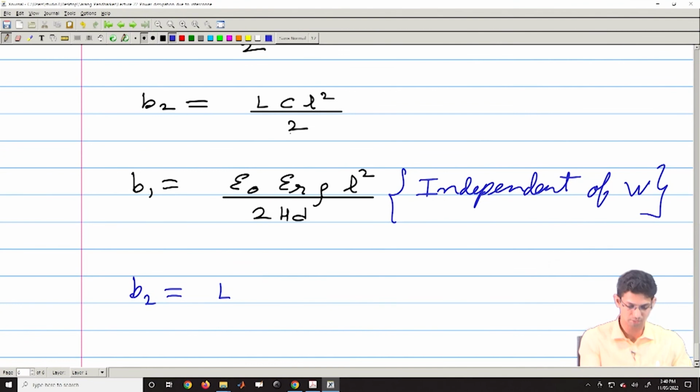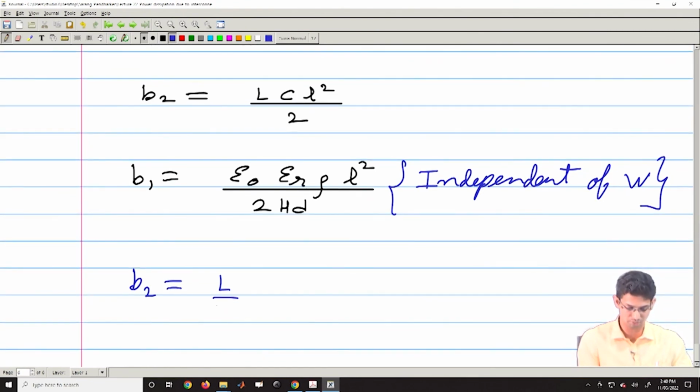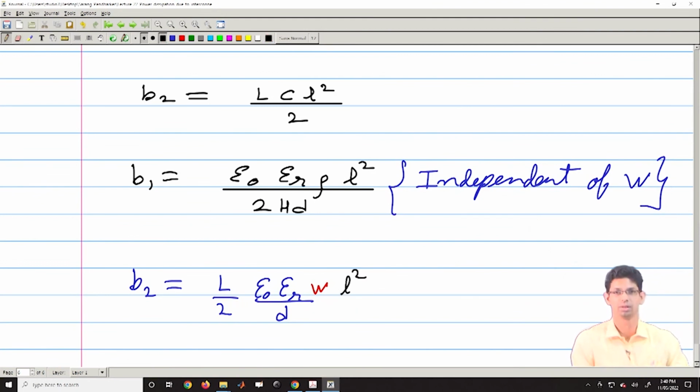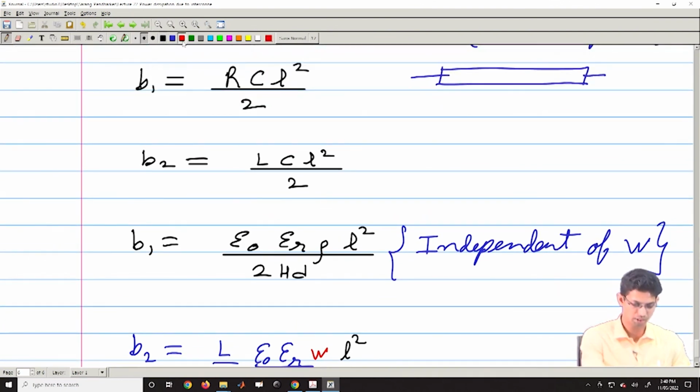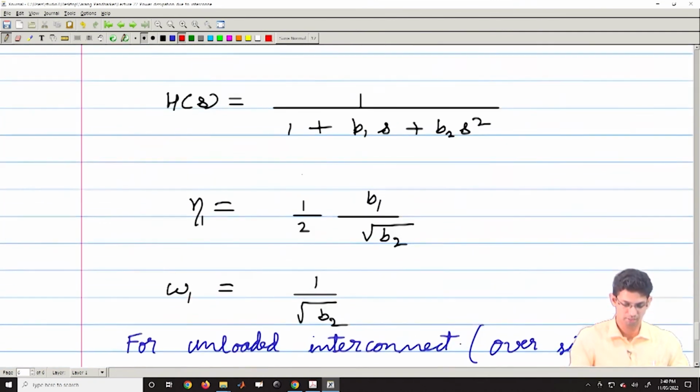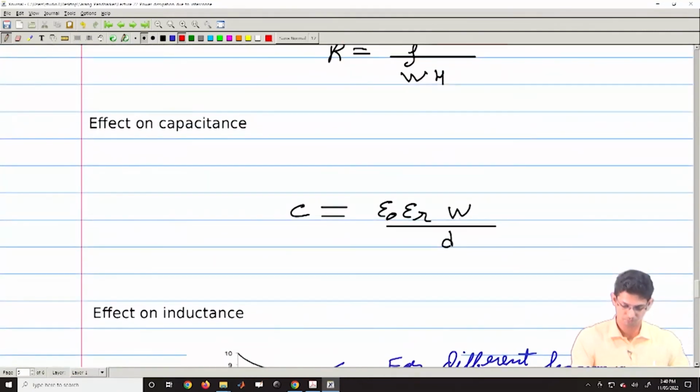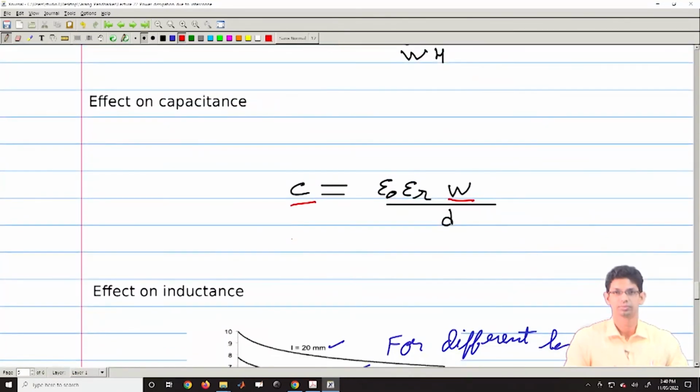And C is the interconnect capacitance, so you will have a factor of 2 epsilon naught epsilon r into D into W into L square. So B2 comes out to be linearly proportional to W, because C is linearly proportional to W, and that comes from this expression.